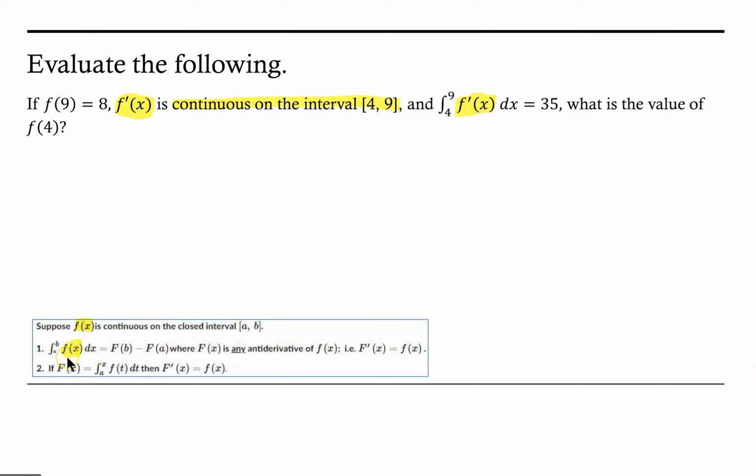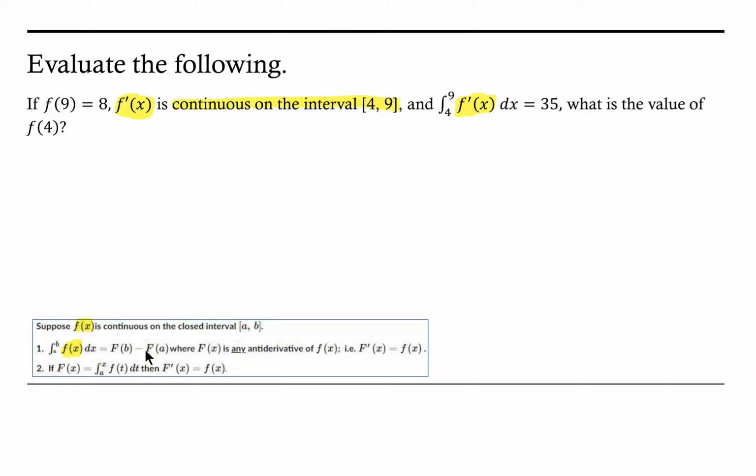If that's the case, then the integral from a to b of our integrand would be f at the upper endpoint minus f at the lower endpoint.